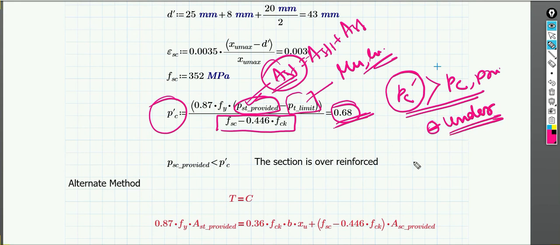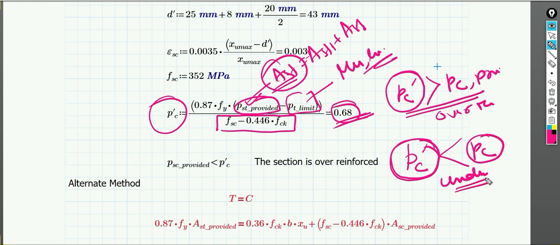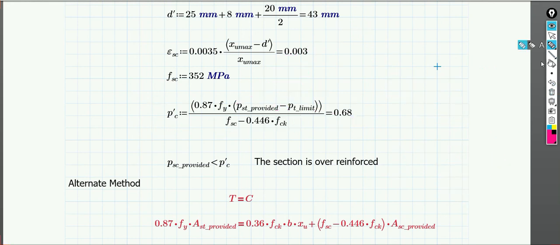Sorry, the previous one should be the over reinforced case, and this should be the under reinforced case. That means if PC dash is found to be less than the PC that you have provided, then it should be an under reinforced section. So over here, let us see.